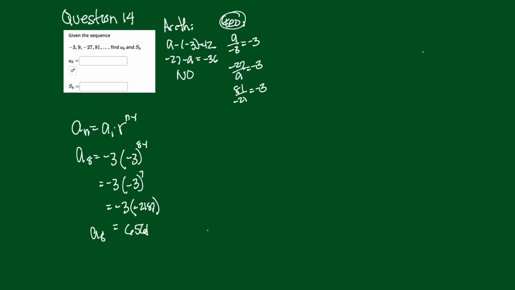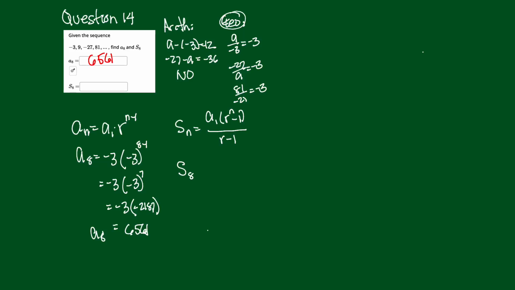So I will note that up here at the top. This is 6561. Now we need the sum of those first 8 terms. I have a formula for that. It goes like this. It's a fraction. It's a1 times r to the n minus 1, all over r minus 1. Let's substitute.